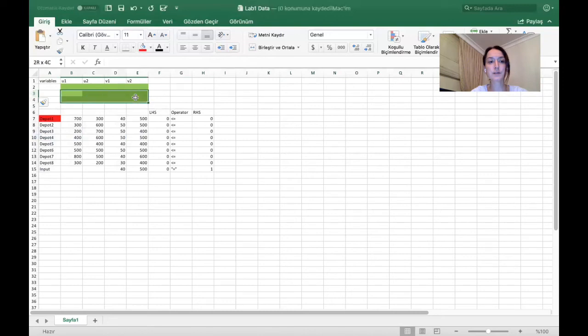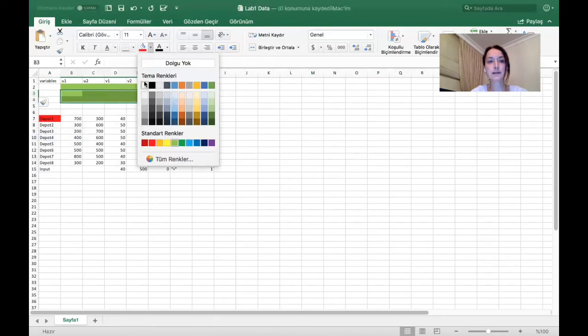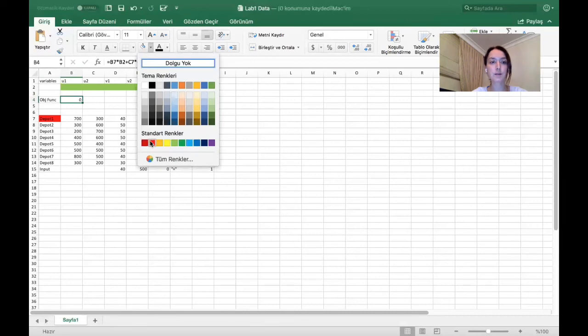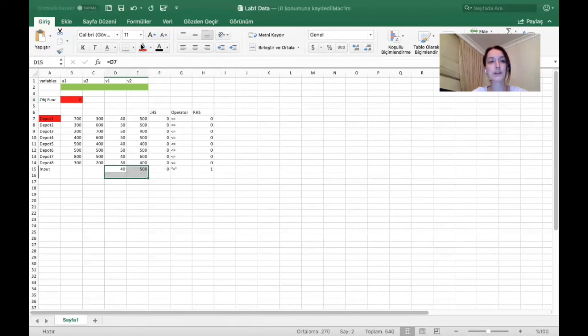Now we should include the objective function. Let me correct these cells. Okay, objective function. In the objective function, we should multiply each output value with the corresponding coefficient and take the sum of these. Okay, so if you are running this model with another depot, we should change the values of these cells.